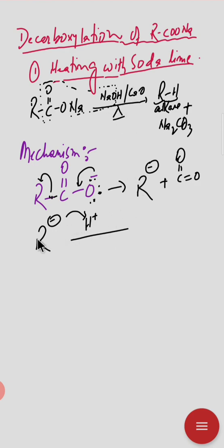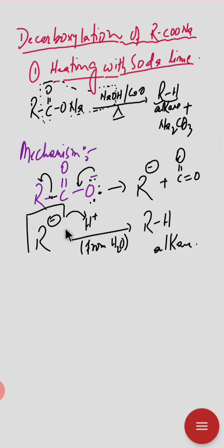So this carbanion, which is a very strong base, will abstract hydrogen from water, right? And the product will be our alkane. This is the mechanism, very simple mechanism. Okay, but what we need to know is this is our intermediate. Carbanion is the intermediate here. This is the intermediate, right?